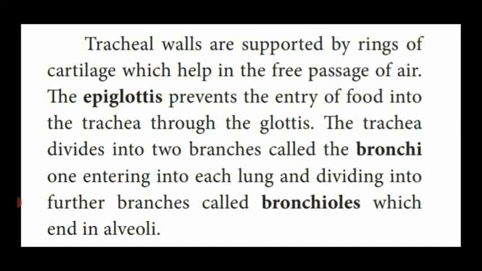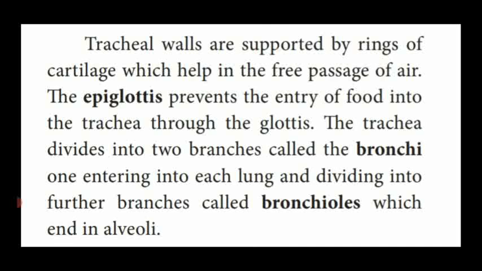That's why I told you the food pipe and windpipe are shared, but at the region of the glottis only, it is divided into the windpipe. So the epiglottis present in that region prevents the entry of food into the windpipe or trachea through the glottis.